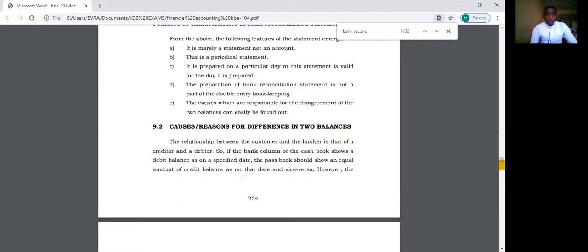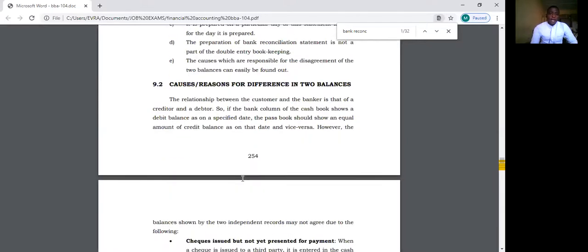Let's proceed to the causes, the reasons for difference in the two balances. When it comes to the causes, the relationship between customer and banker is that of creditor and debtor.